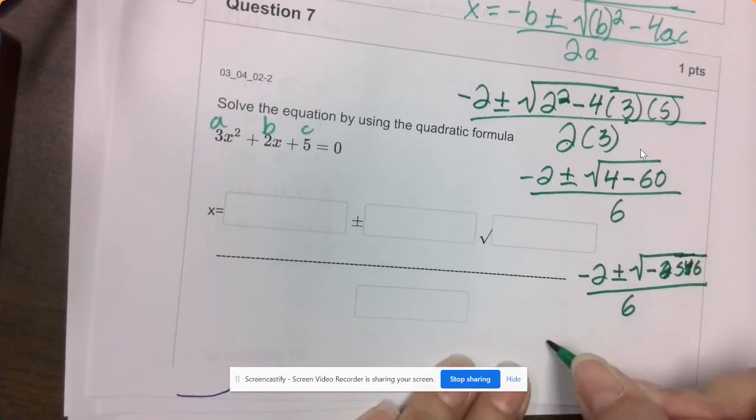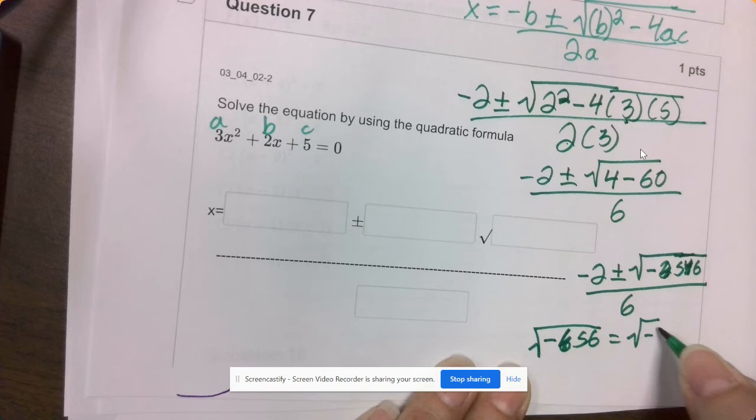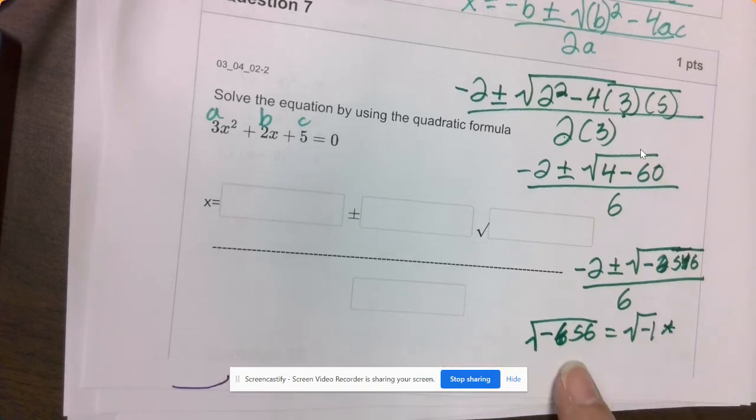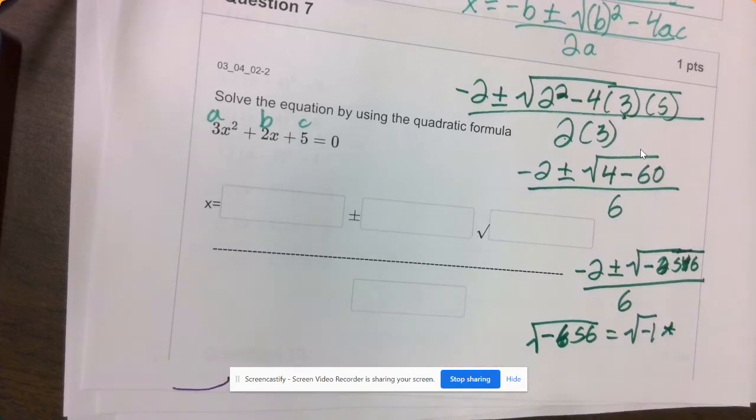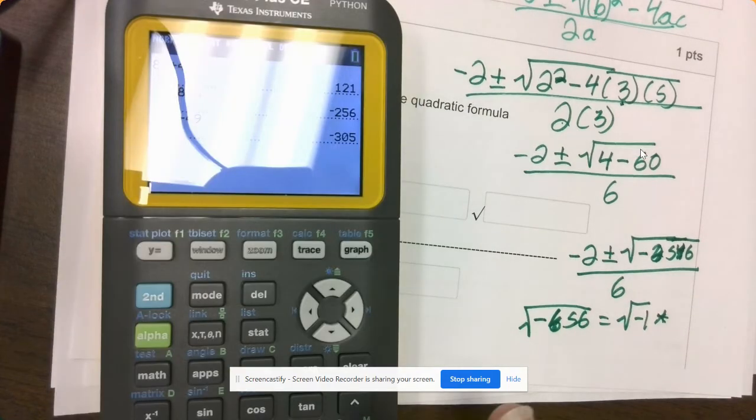So square root of negative 56. Okay, so we're going to have square root of negative 1 times 56. I look at that and I go, I wonder if I can divide 56 by 4. Oh, I get 14. Oh, okay, so we got 14.